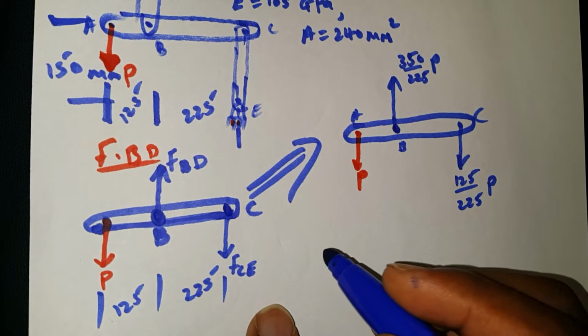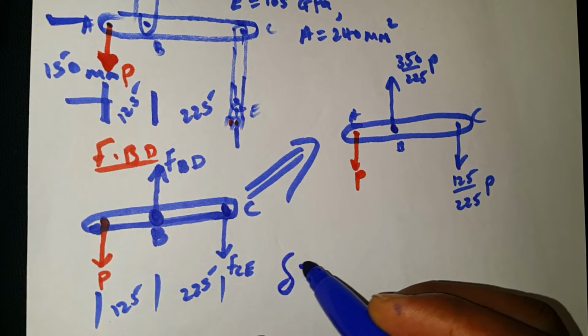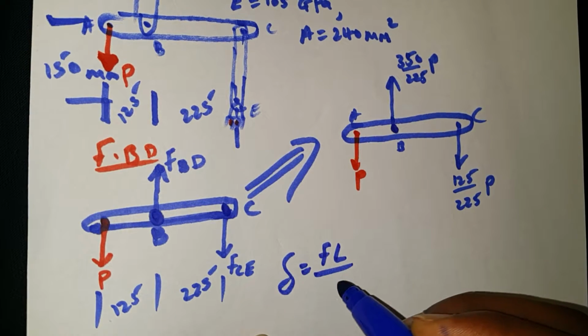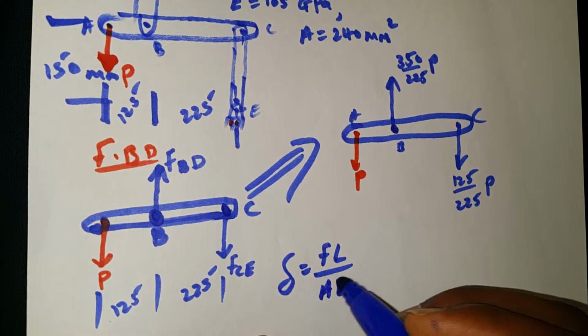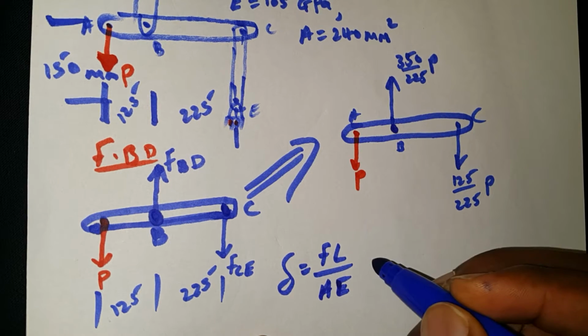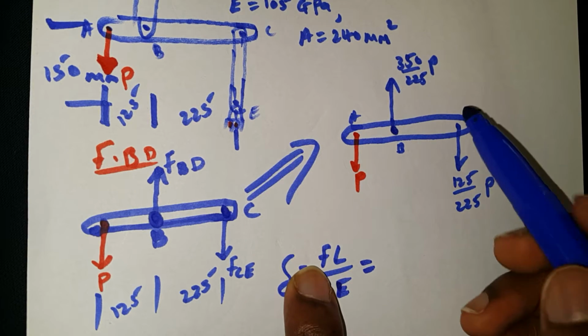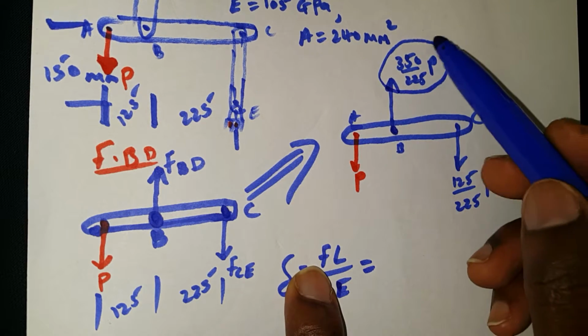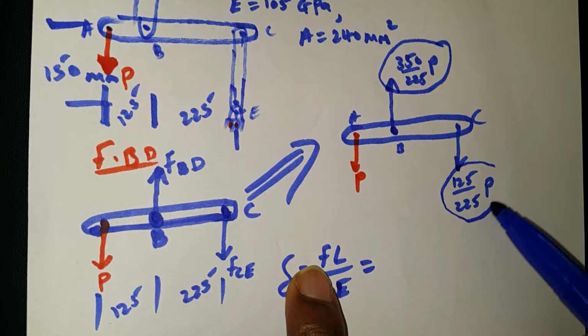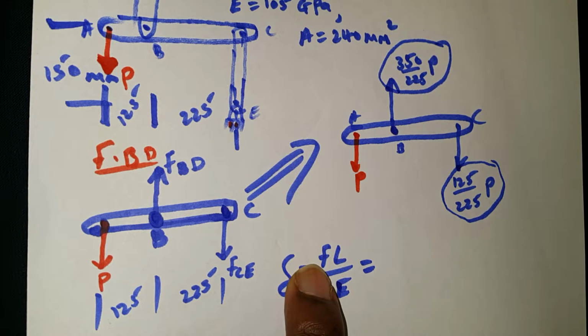From here, we know our formula is this. It's equals to force times L over AE. Now, what is our force? We will solve it one after the other. We solve this one, then secondly we solve for this.